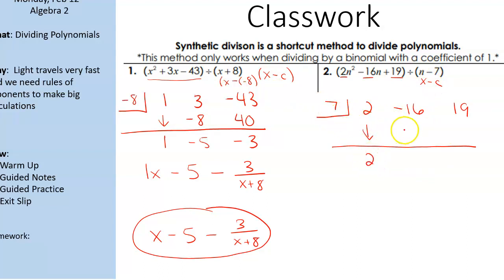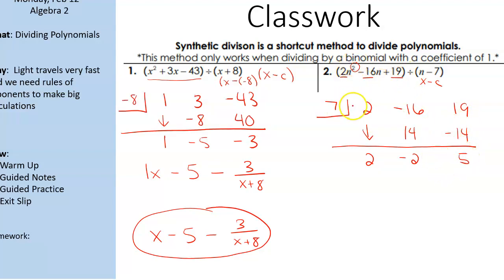All right, drop the 2 down. We're going to do 2 times 7, which you get 14. Put it underneath negative 16. Combine like terms, we get negative 2. Take the negative 2 times 7, we get negative 14. And again, combine like terms, 19 minus 14 gives us 5.